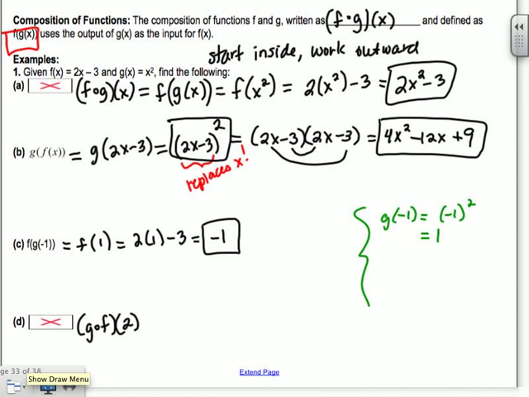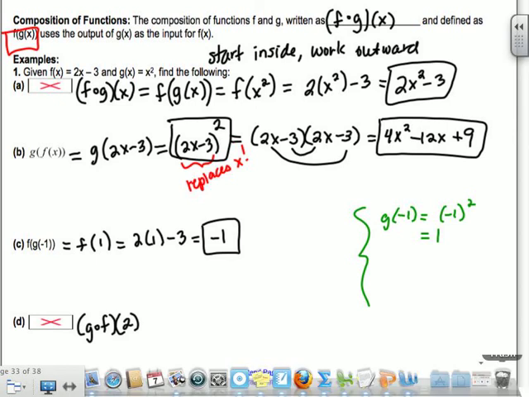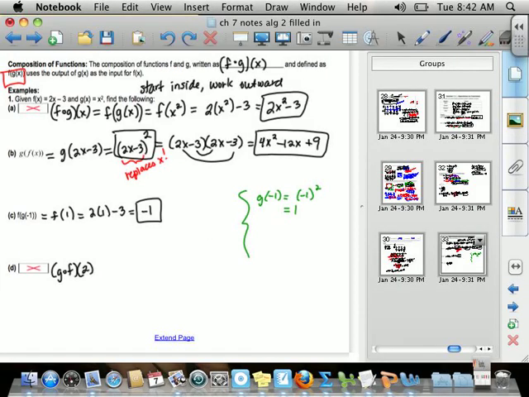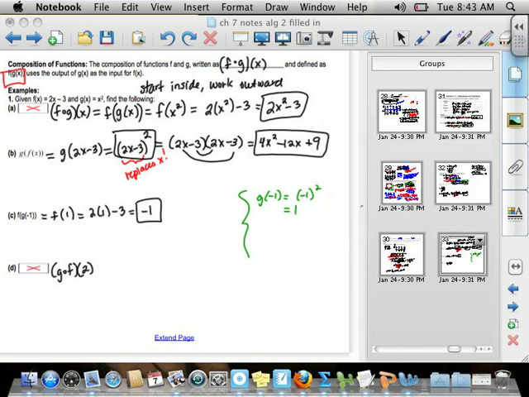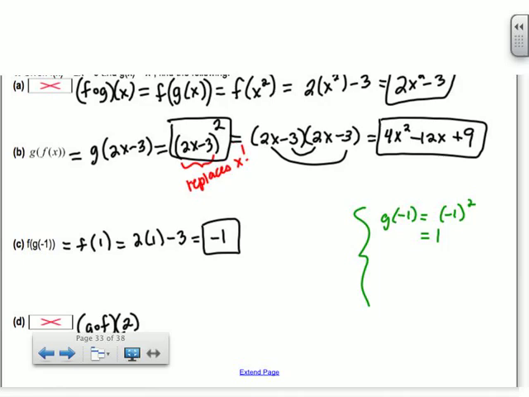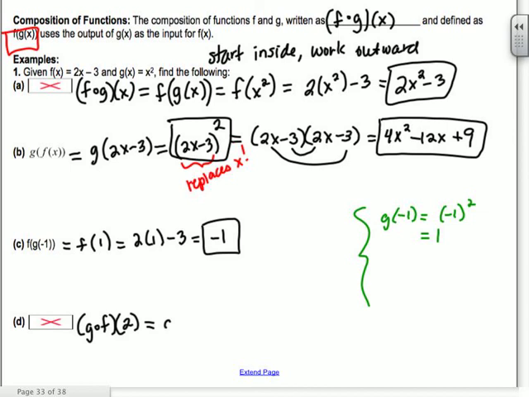All right, you guys want to try D? Try D, see what you get. All right, so on D, I never really liked the little circle symbol, so I always write it as g of f of 2.